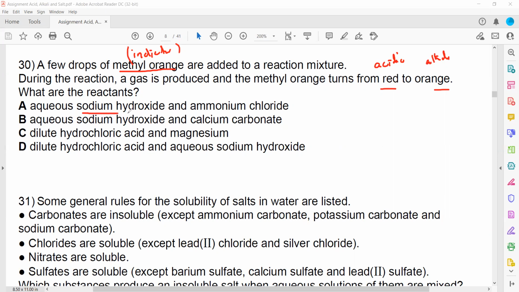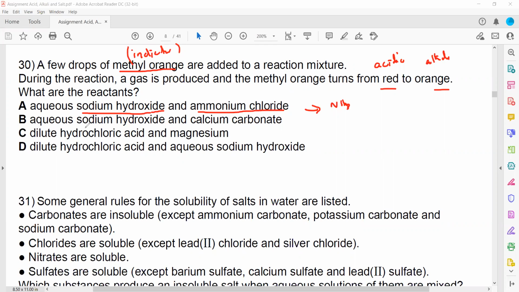As you can see, sodium hydroxide is a base. It can react with ammonium salts and it will give ammonia gas. But if there was sodium hydroxide, methyl orange should not be red, because methyl orange is red in acidic. So originally we should have acid.